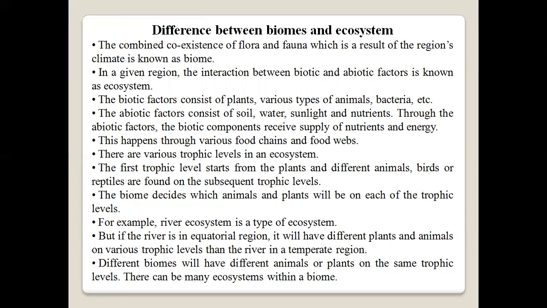For example, a river ecosystem is a type of ecosystem, but if the river is in an equatorial region, it will have different plants and animals on various trophic levels than a river in a temperate region. Different biomes will have different animals or plants on the same trophic level. There can be many ecosystems within a biome.